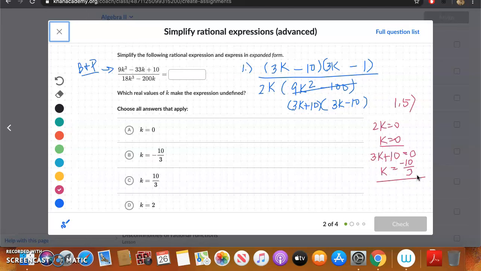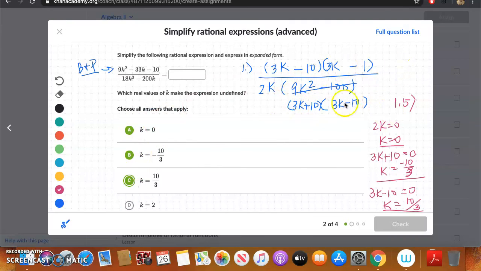That's the second one. And then the final one is 3k minus 10 is equal to 0. So your final restriction is k is equal to 10 thirds. There's 3 of them here. Okay, 0, negative 10 thirds, positive 10 thirds. So I'm going to click them just while I'm at it. 0, positive 10 thirds, negative 10 thirds, or the other way around.